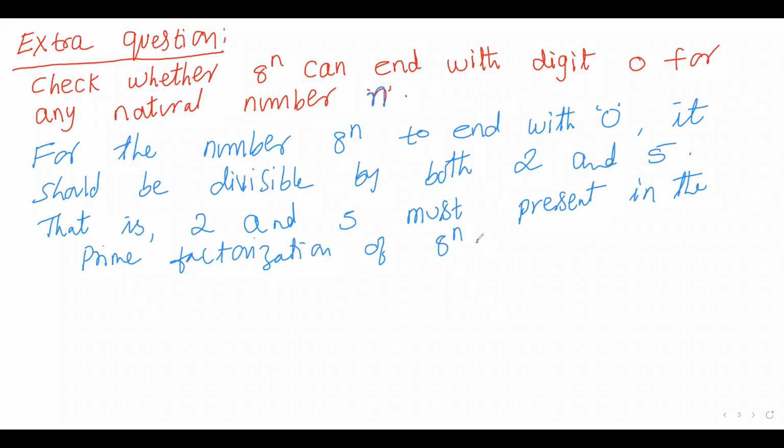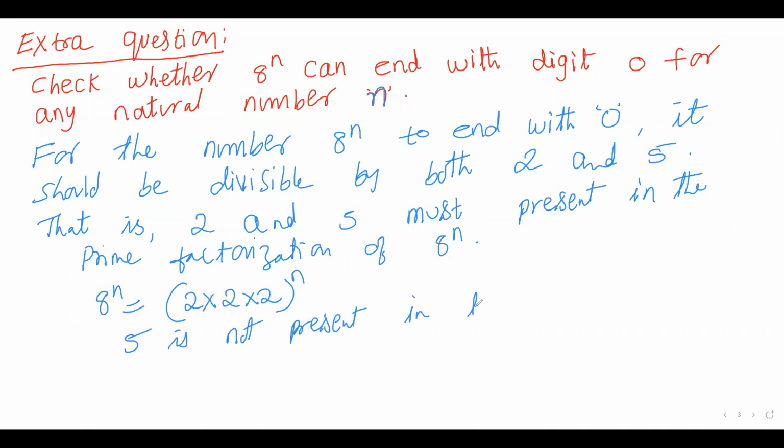Let us find the factors of 8 power n. What are the factors of 8 power n? 2 into 2 into 2 whole power n. 2 is present but 5 is missing. 5 is not present in the factorization.